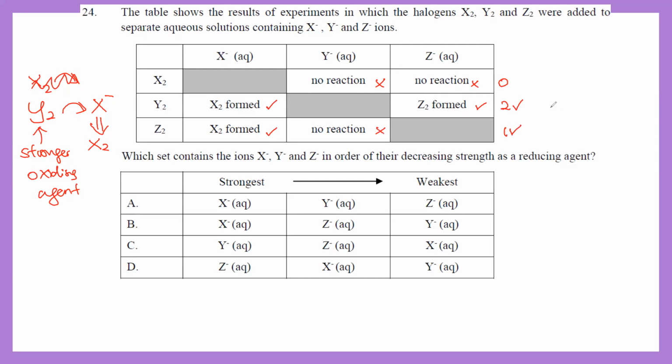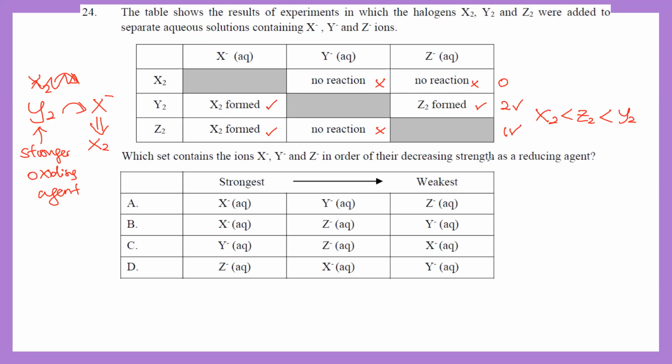So in terms of oxidizing agent, X2 is weaker than Z2 and weaker than Y2. So Y2 is the strongest.